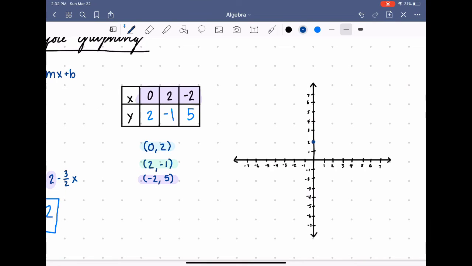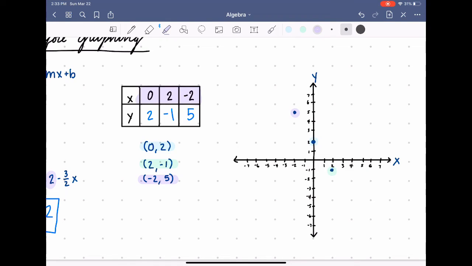0, 2 is right here. That is this one. 2, negative 1 is right there. Notice I'm doing my x-axis first, and then my y. So here's that one, second term. And then we have negative 2, 5, which is about there.